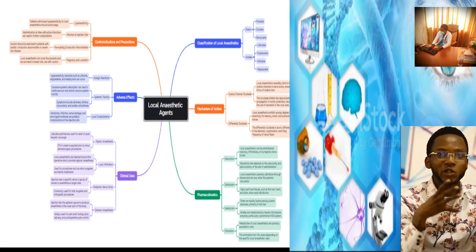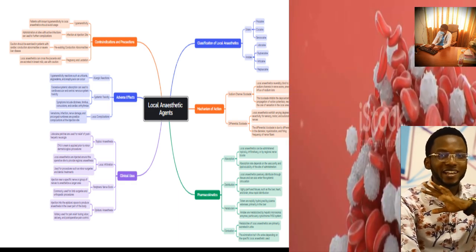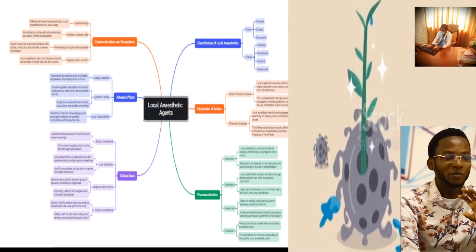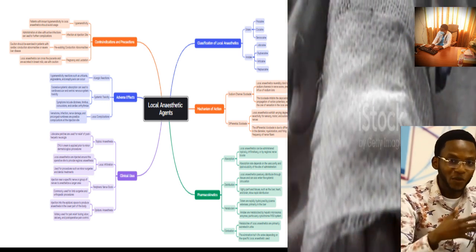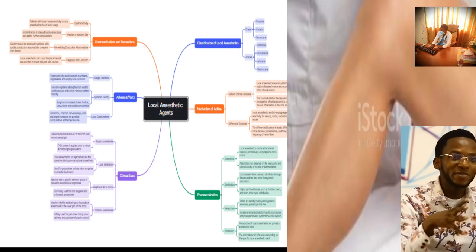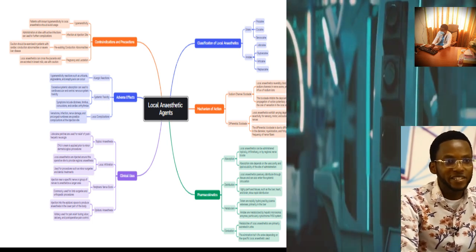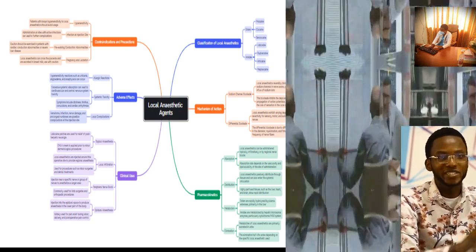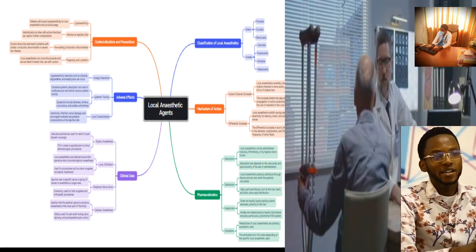In the event of toxicity, the following steps should be taken: stop the injection of the local anesthetic, start resuscitation by addressing airway, breathing, and circulation, and administer 100% oxygen. Intubation may be necessary if the patient cannot maintain adequate ventilation. For seizures, administer midazolam, 3 to 5 mg, or diazepam, 5 to 10 mg.